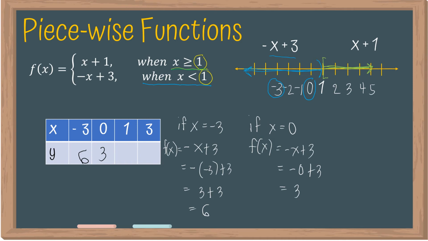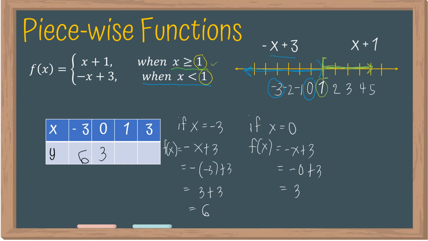Tingnan natin siya. Since we have here 1, dito tayo sa bracket natin. Ibig sabihin yan, yung green colored natin, dyan nakabilang si 1. Kasi, as you can see, kung babalikan natin itong ating given, sabi dyan, when x is greater than or equal to 1, ibig sabihin yan, kasama si 1.